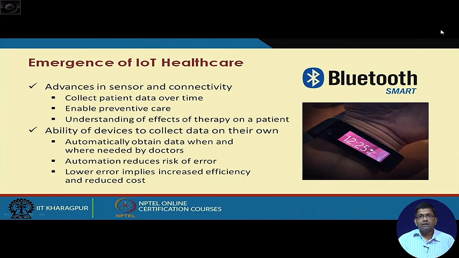Second, the risks of errors occurring also get reduced, because automation inherently reduces the chances of error, and overall these things would increase the efficiency while reducing the cost of maintenance and operation of a healthcare system.